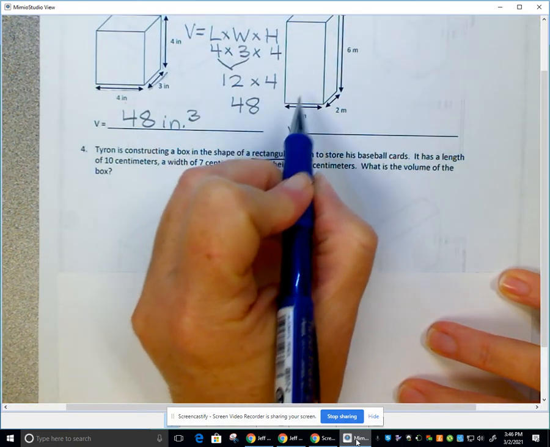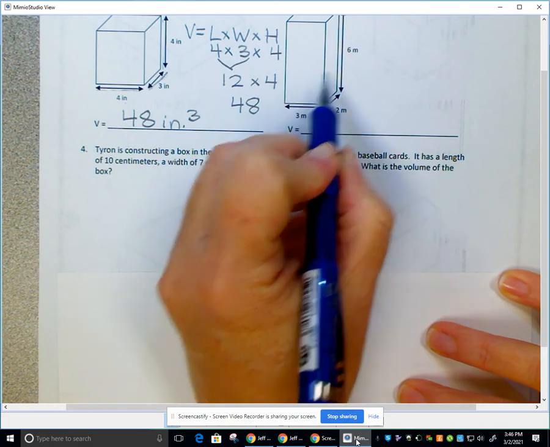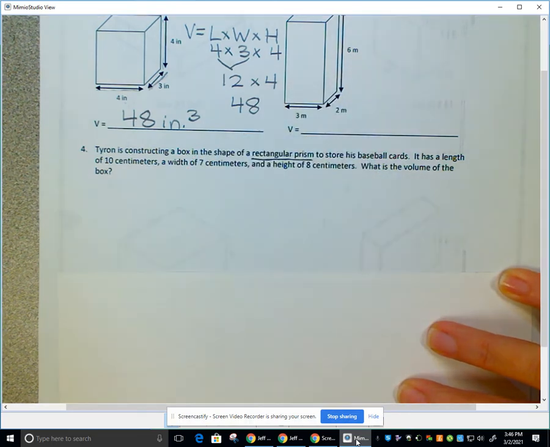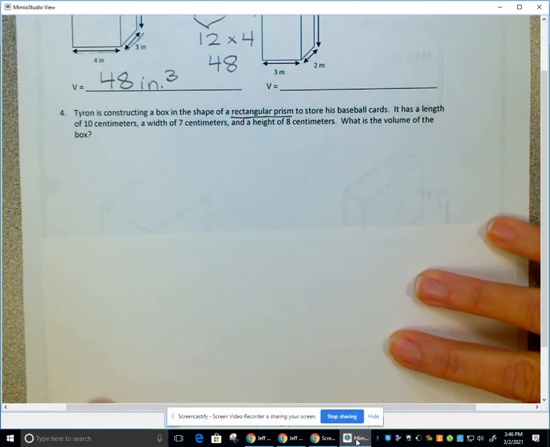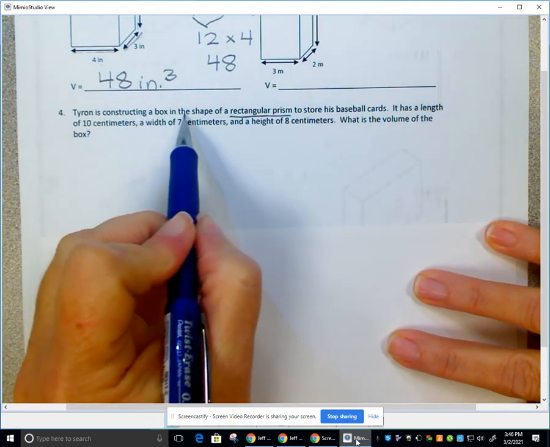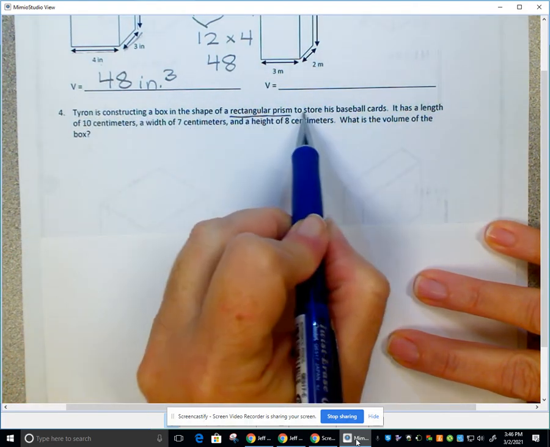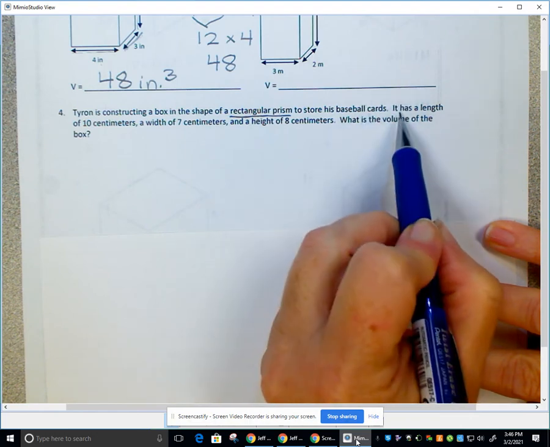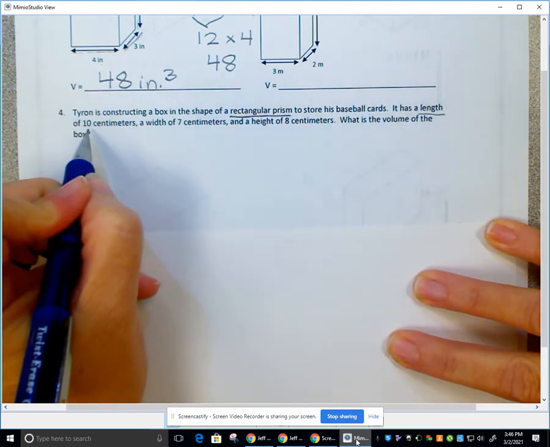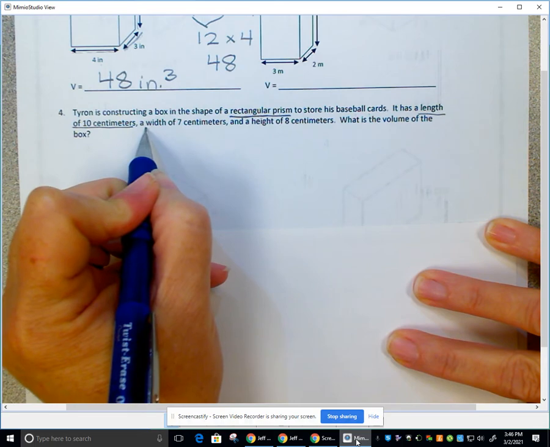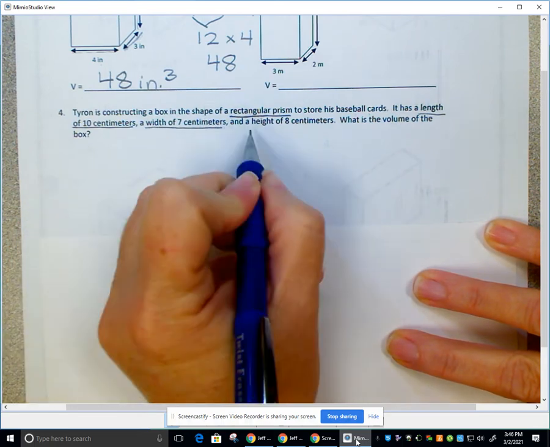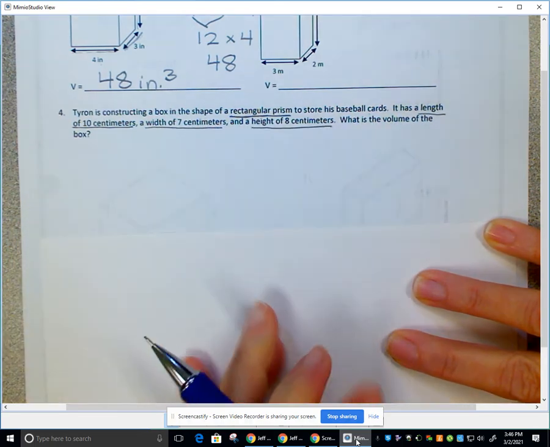It's a cube, and all of the faces, like the sides, they're all shaped like rectangles. That's what a rectangular prism is. So he's constructing a box in the shape of a rectangular prism to store his baseball cards. It has a length of 10 centimeters, a width of 7 centimeters, and a height of 8 centimeters.